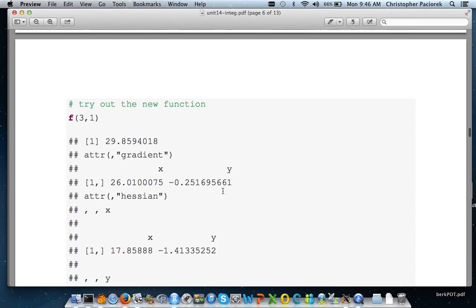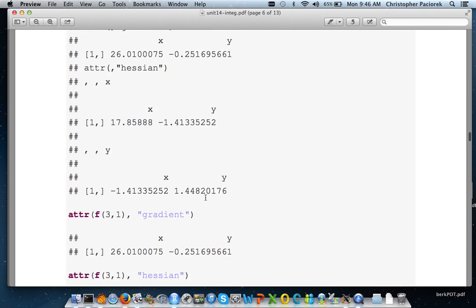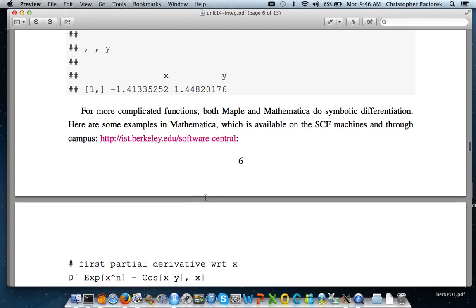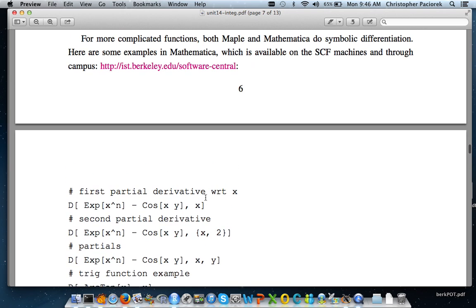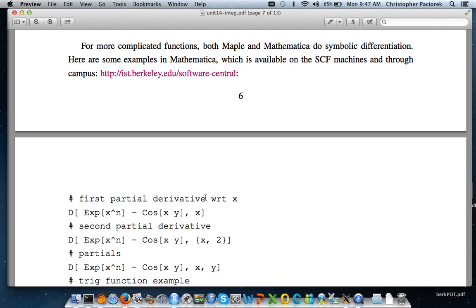There are some limitations to exactly what terms in a given expression R can handle in terms of differentiation. For example, I don't think it can handle a sum in the expression. So if you want to do this in more complicated examples, then using software like Mathematica or Maple is a good strategy. We have Mathematica in the SCF, and you can get it through campus.